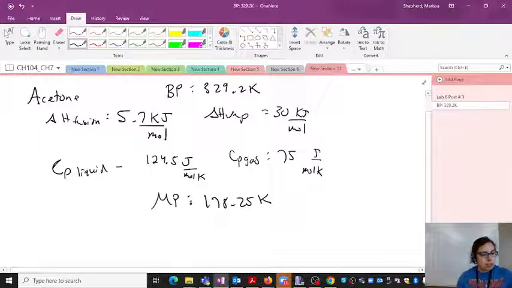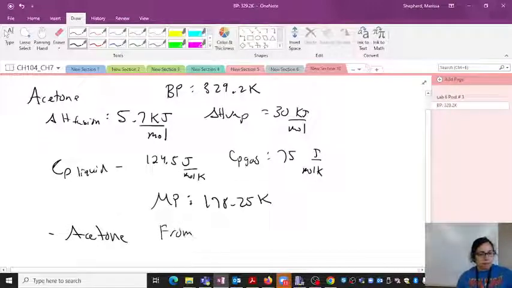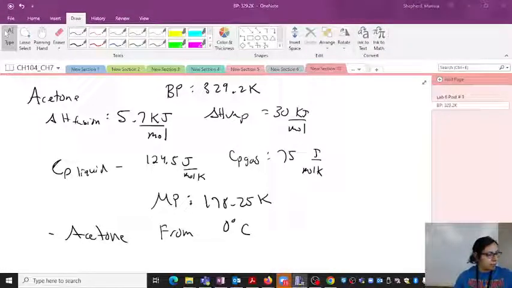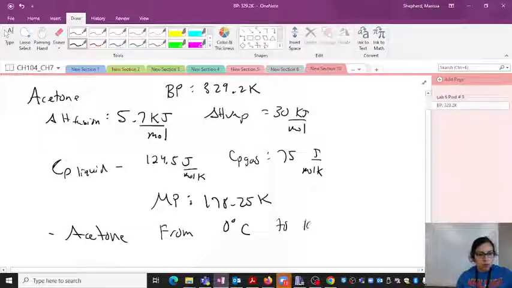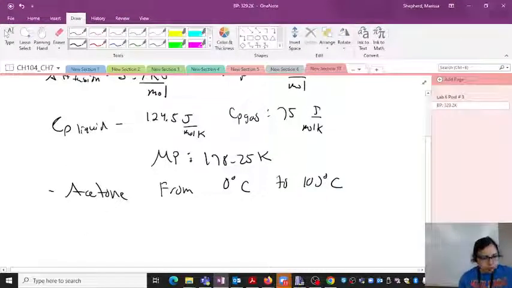But let's just say we want to take acetone from 0 degrees Celsius, so we have to do some temperature conversions, to 100 degrees Celsius. And so what heat would be required?